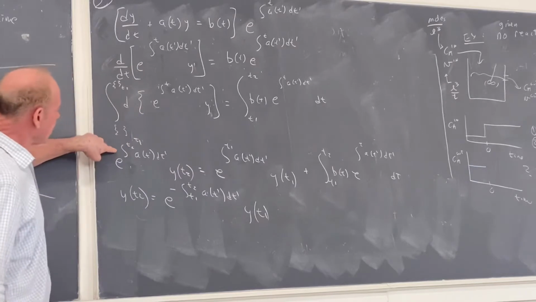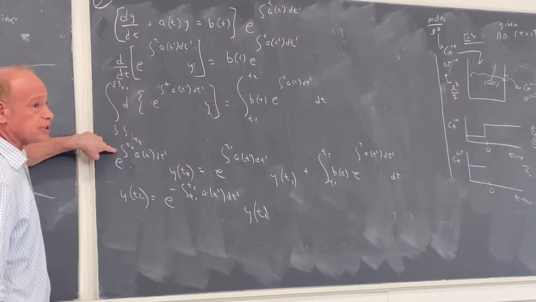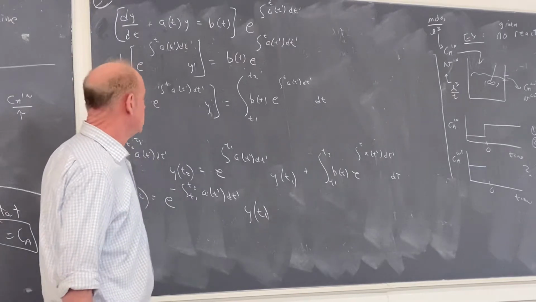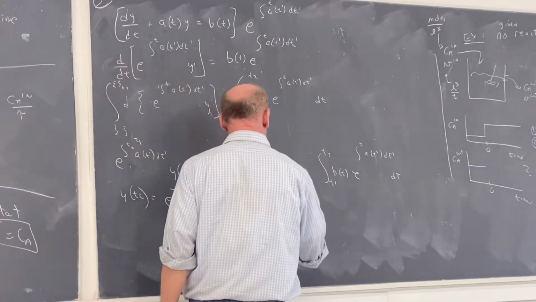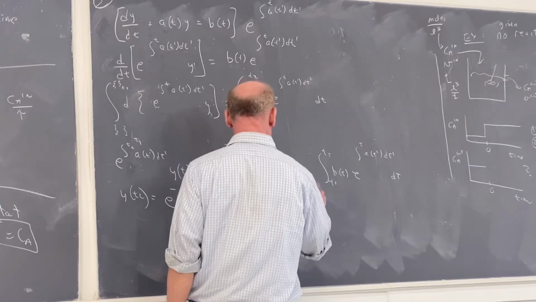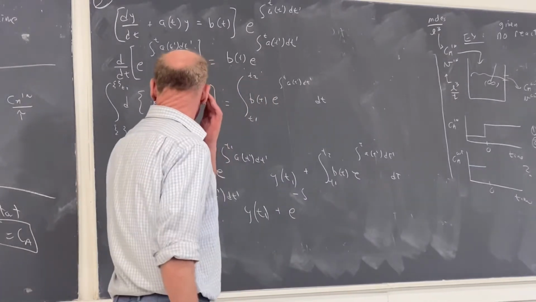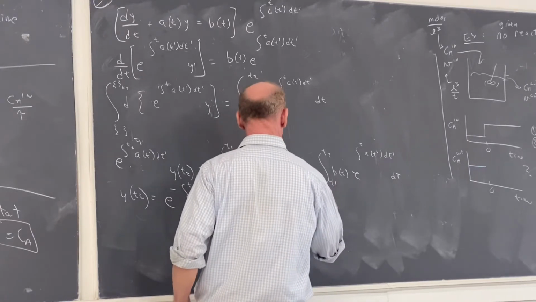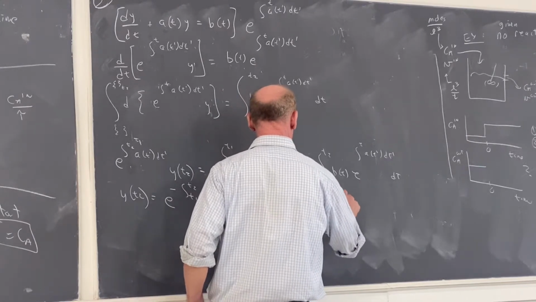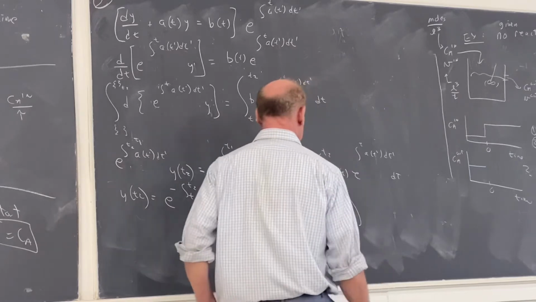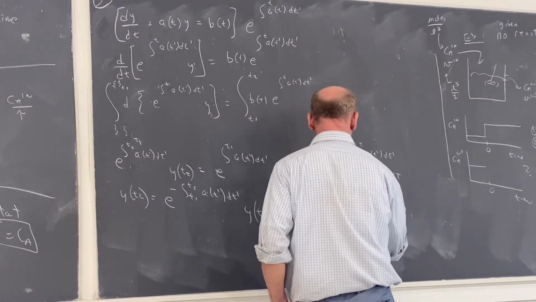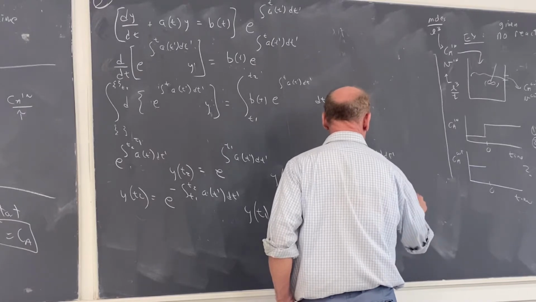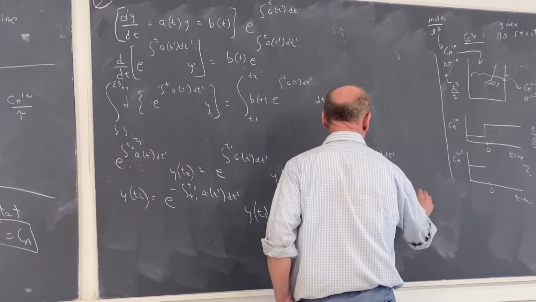When I multiply by e to the minus this to both sides, I'll just keep the minus and t2 will be on the top. And then here I have e to the minus the integral to t2 of a of t prime dt prime, the integral t1 to t2, b of t, e to the integral of t, a of t prime dt prime.